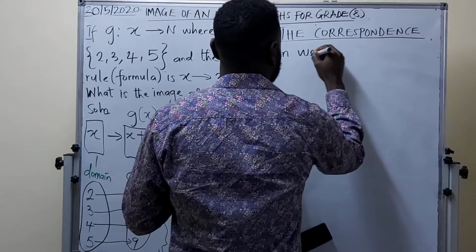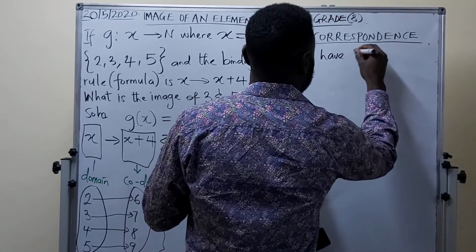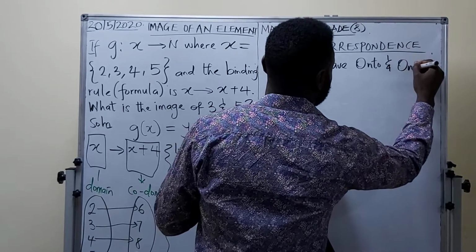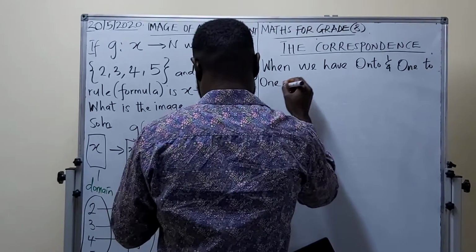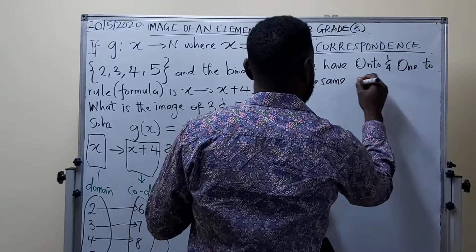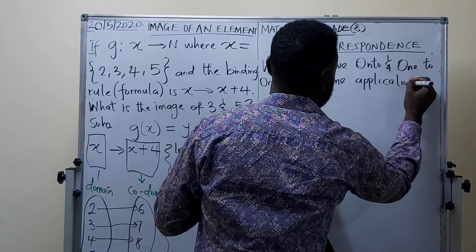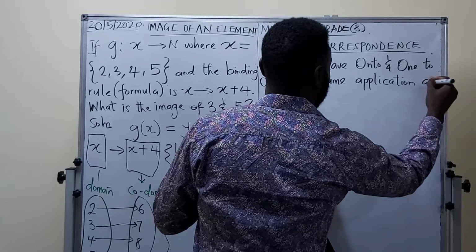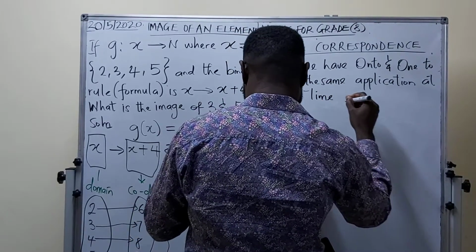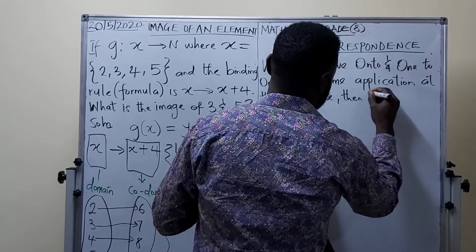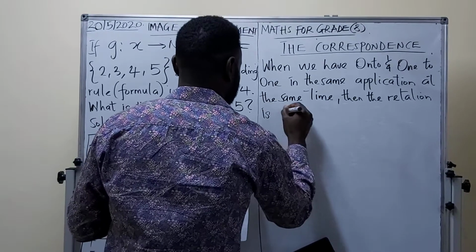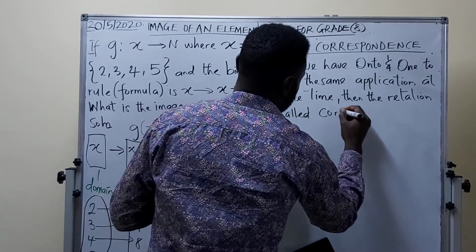When we have onto and 1-to-1 in the same application at the same time, then the relation of function like application is called correspondence.